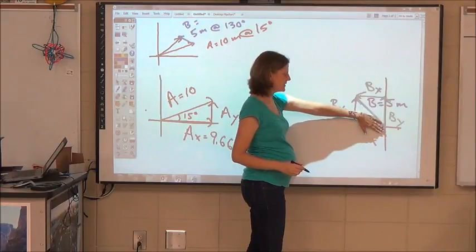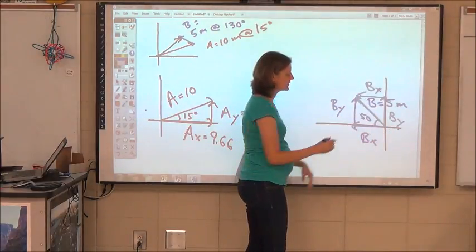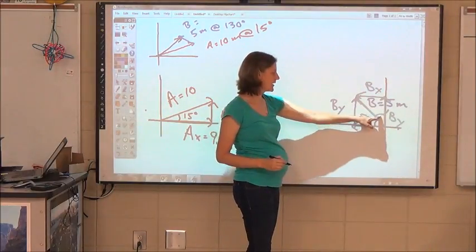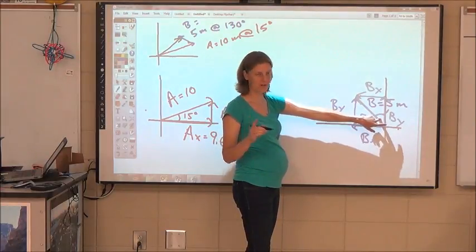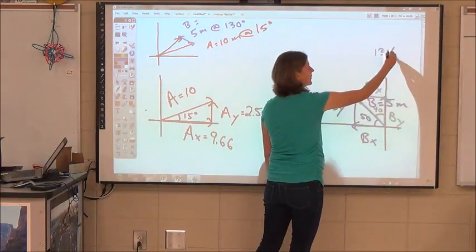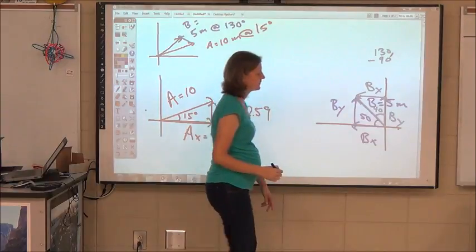But your angles would be different. If I drew it like this, my angle inside that triangle would have to be 30. Nope, 40. And that's just the 130 minus 90. Gets me 40 degrees right there.